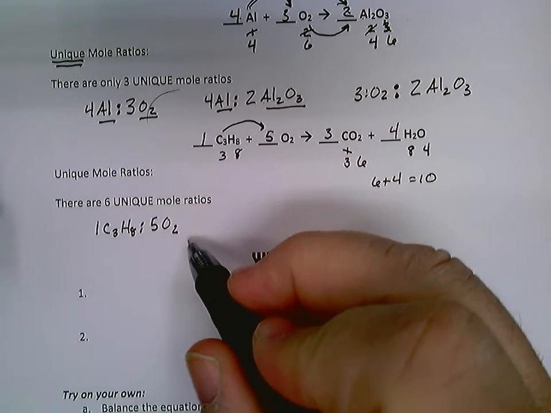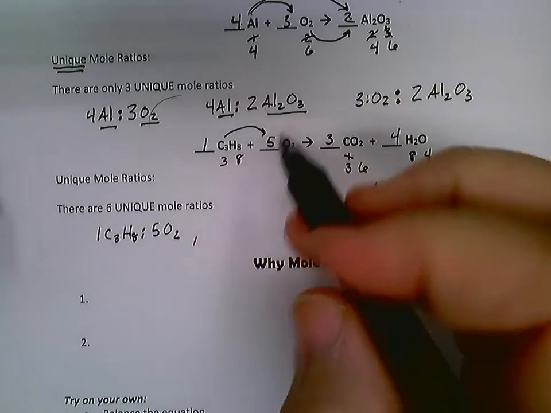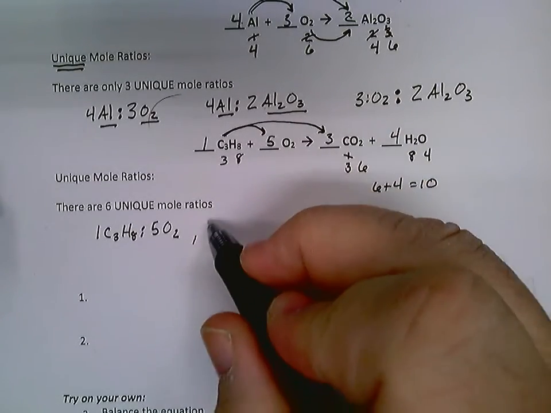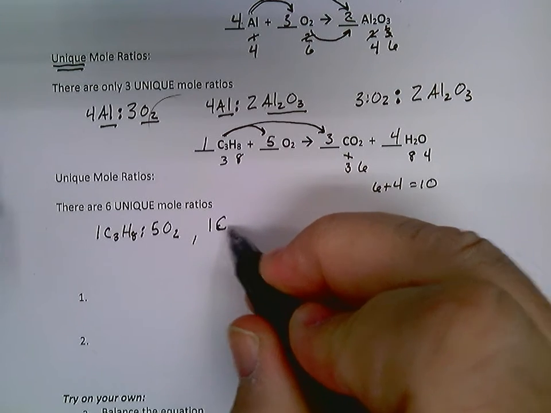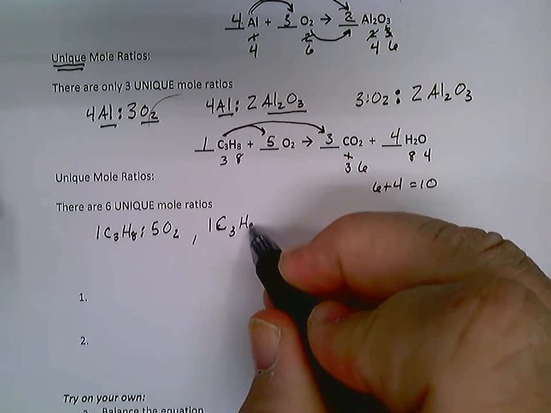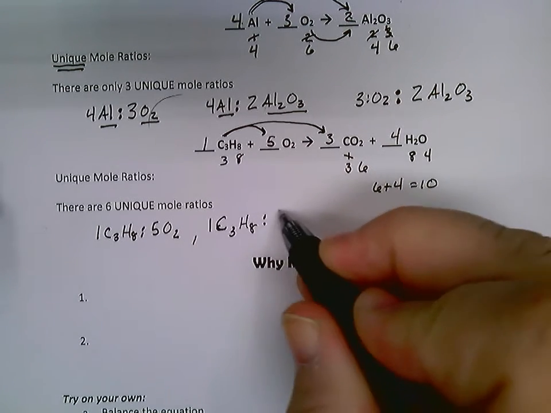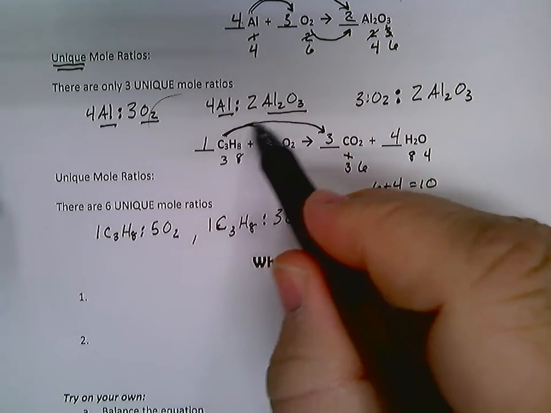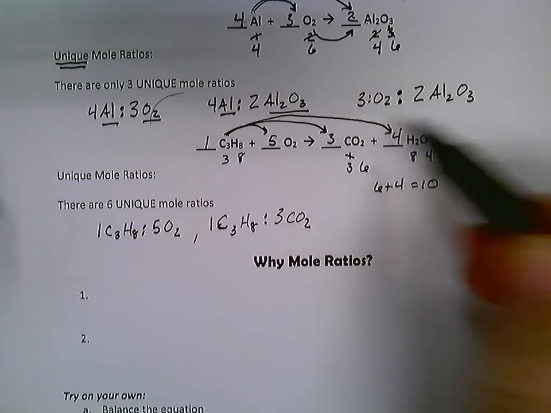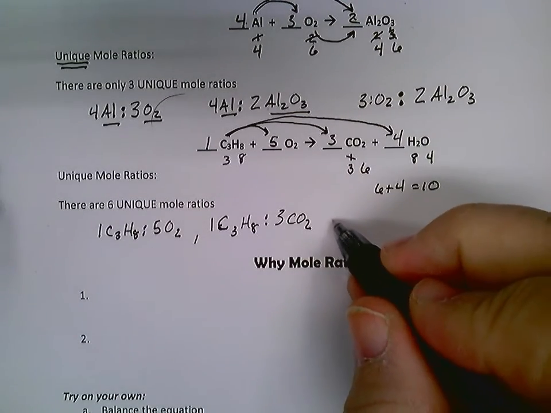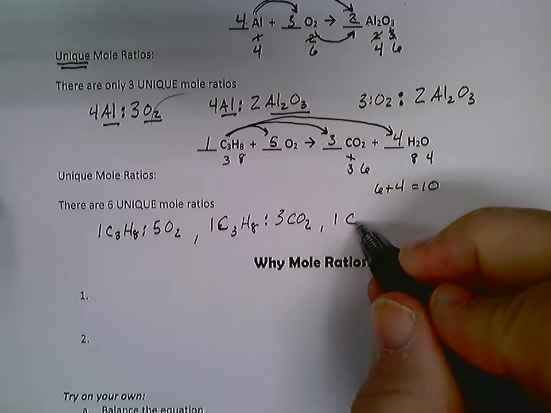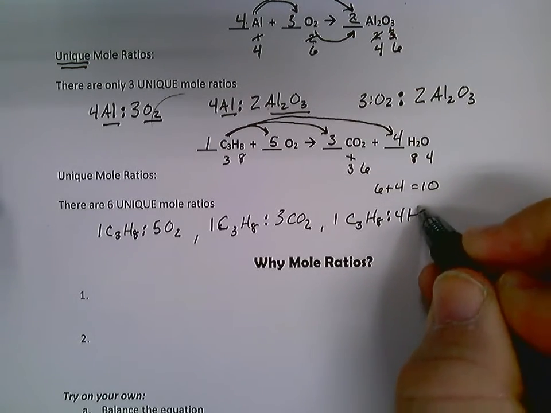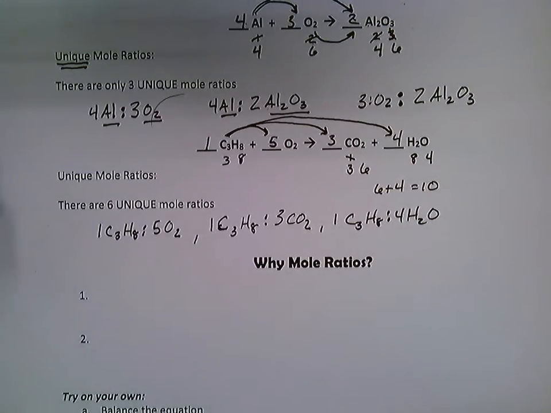That's 1 ratio. Then again, we can go to the next one in line. 1C3H8 to 3 CO2. Again, we're not done, and we can also compare it to this. So we get 1 C3H8 to 4 H2O, 4 water.